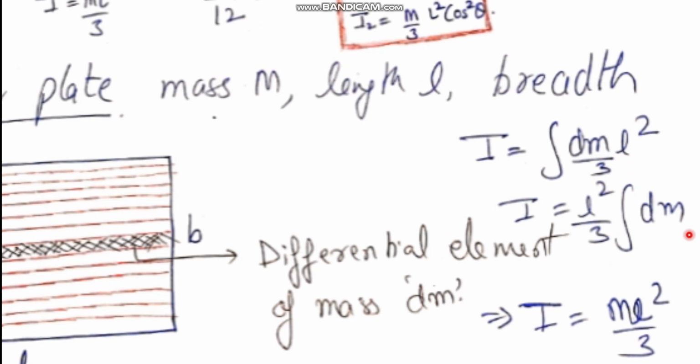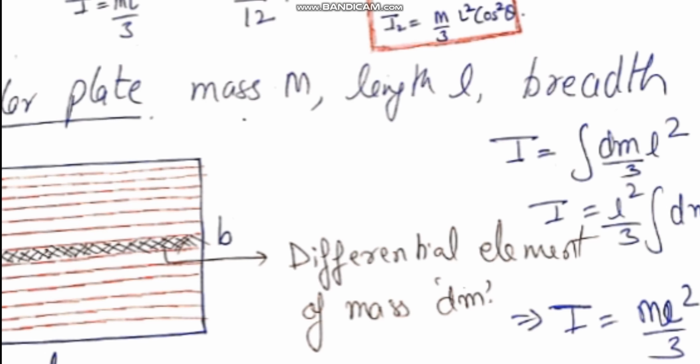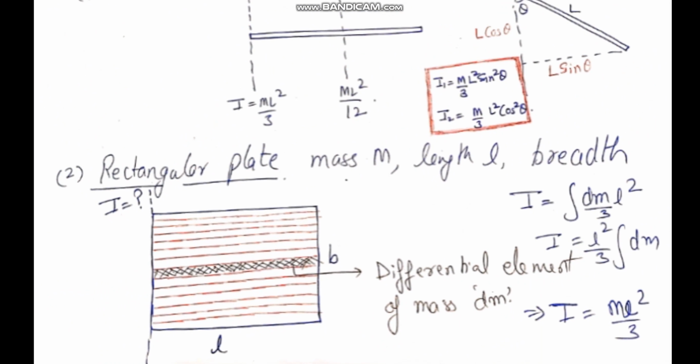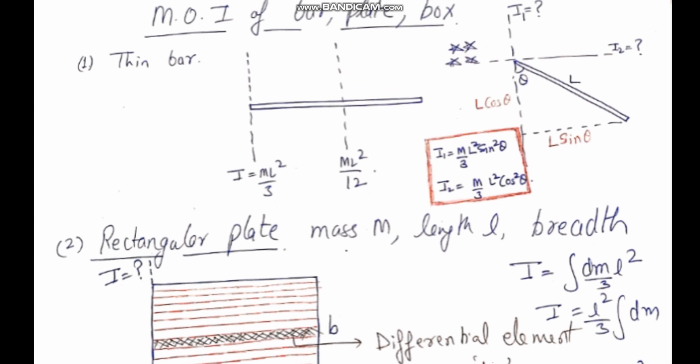So the moment of inertia is ml square by 3. So the moment of inertia of this bar about this axis is ml square by 3, and if I have a plate in place of this bar and this length is L, the moment of inertia is again ml square by 3.